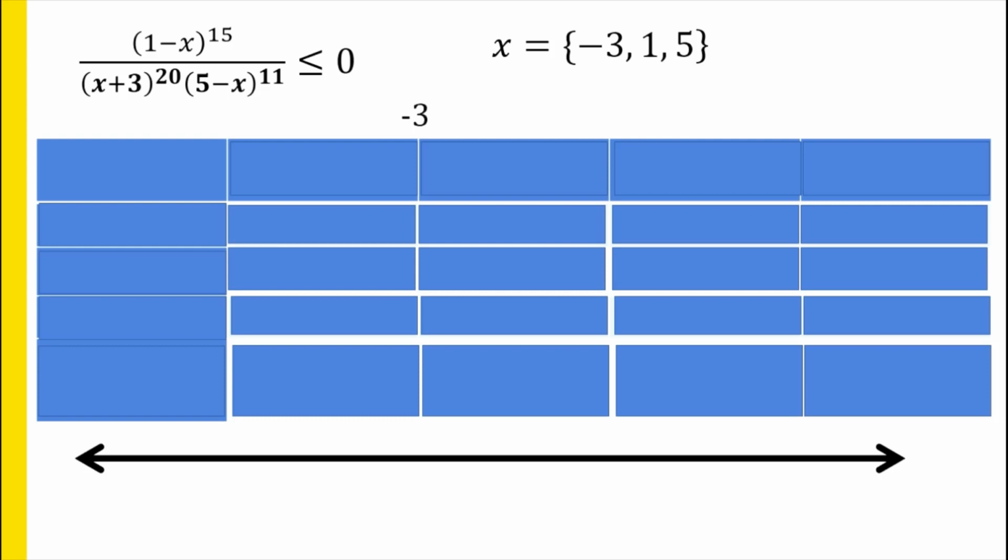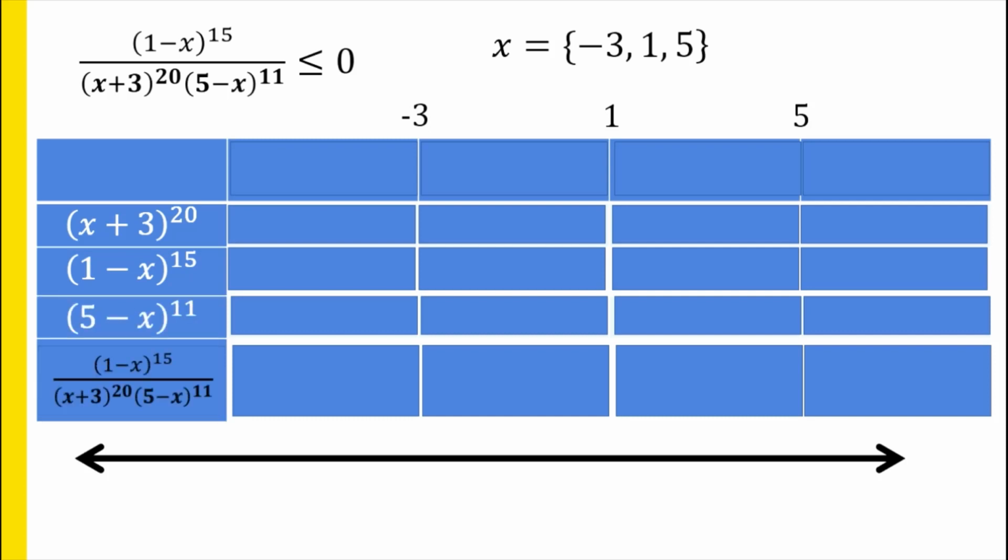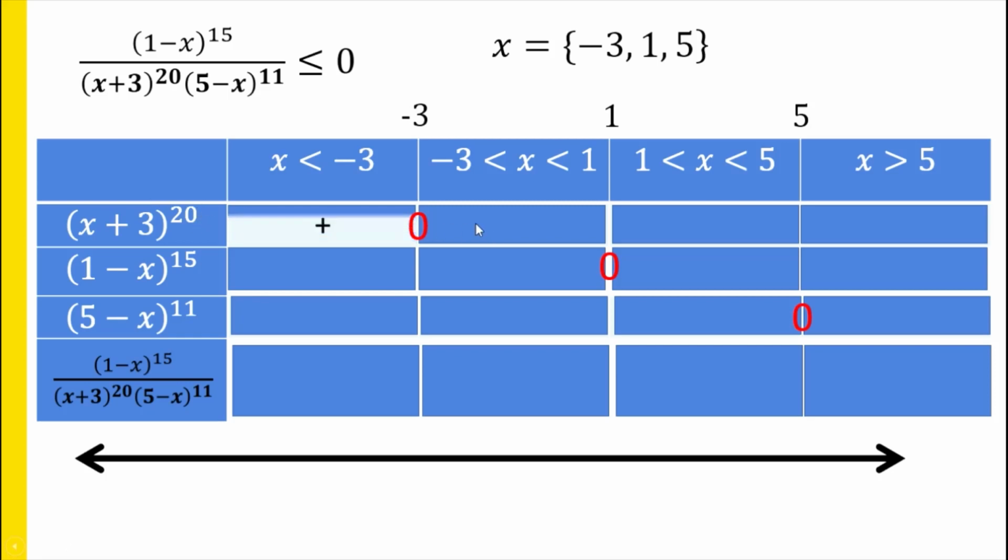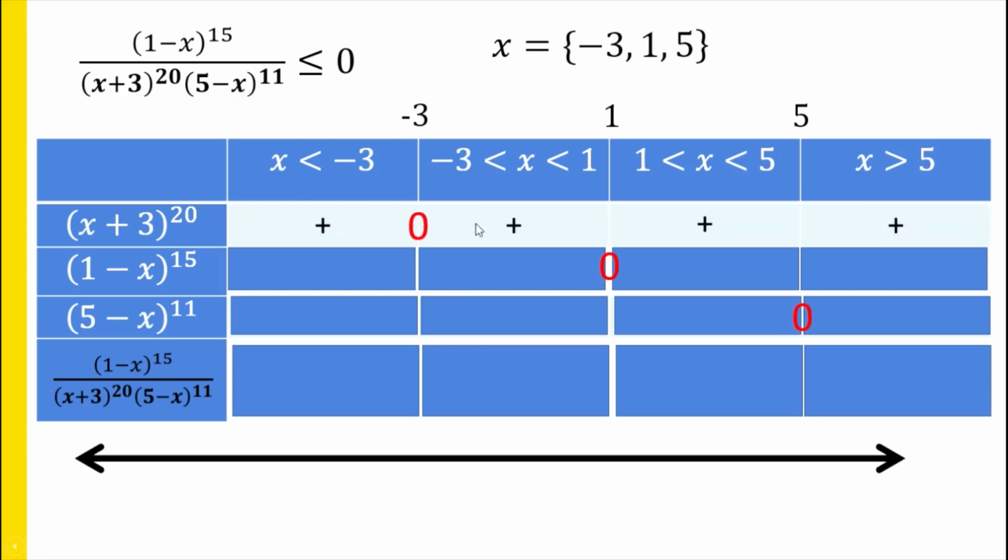So let's put that. And then we have here the factors and the inequalities. Let's put the zeros here. So remember again, if it is even, all the signs are positive, regardless of where 0 is located.